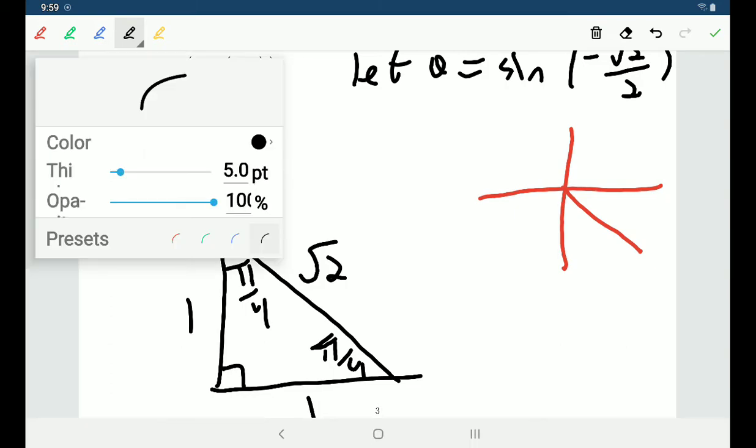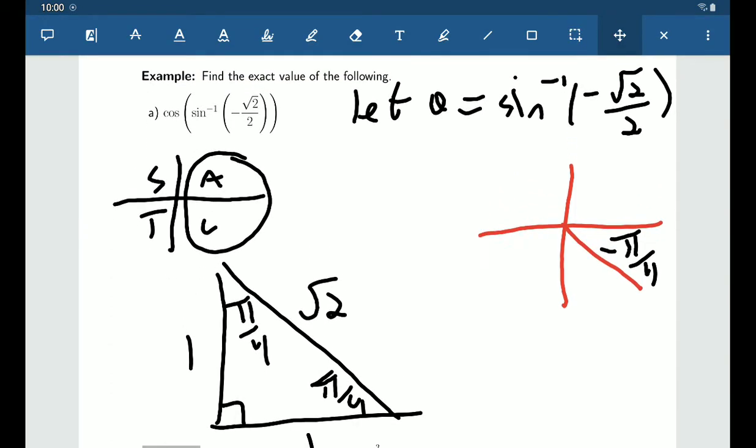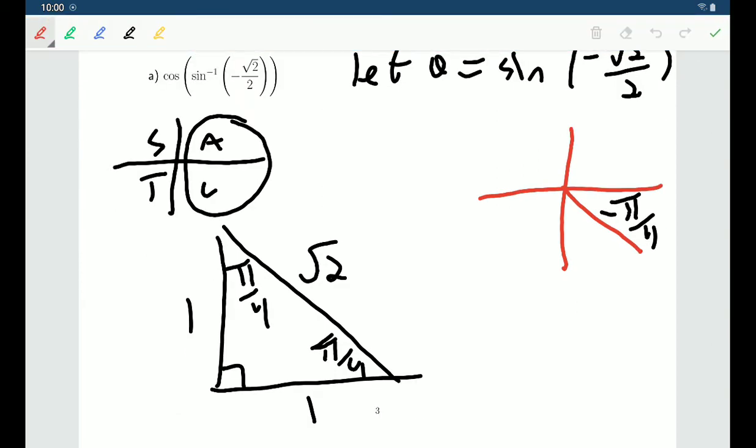So that means the reference angle we're talking about here should be pi over 4. In other words, we must be talking about negative pi over 4. That must be the angle that we're talking about. That must be what theta is. So I will say then that theta is negative pi over 4.